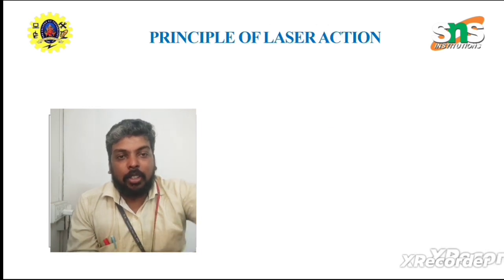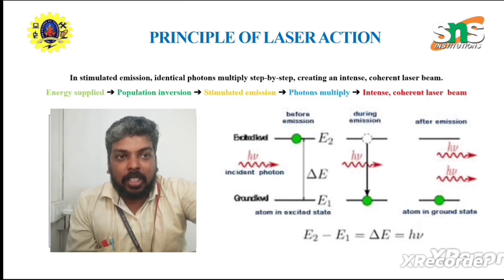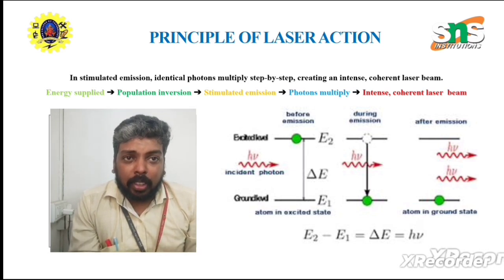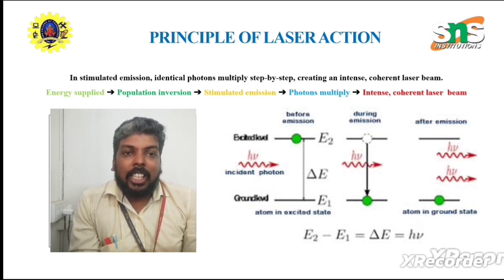for various applications. So what is the principle of the laser action? It is a step-by-step phenomenon of the production of the laser action. In normal cases, light is emitted by spontaneous emission, which is normal light.